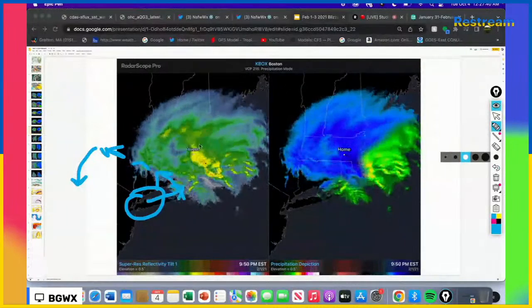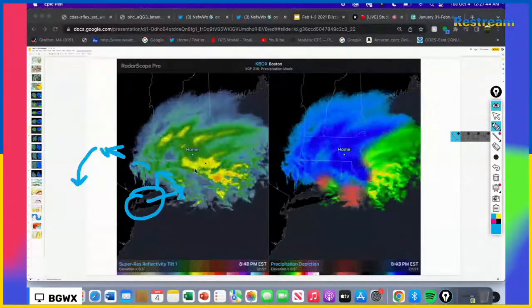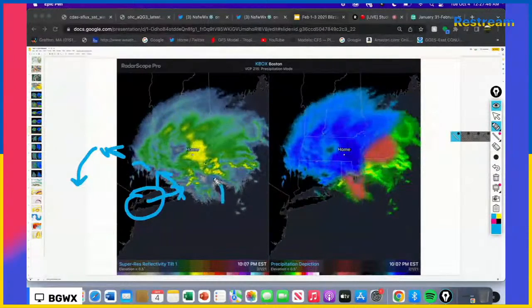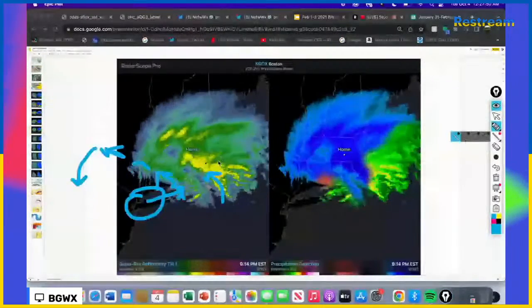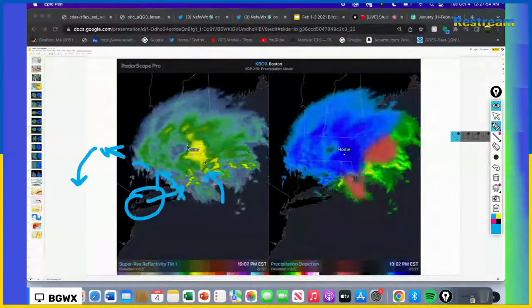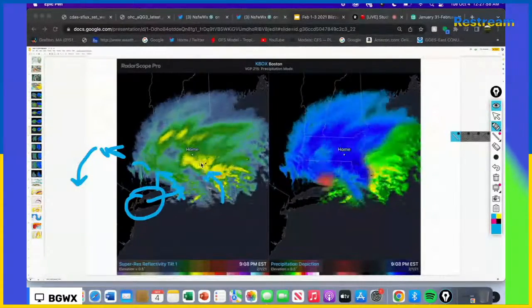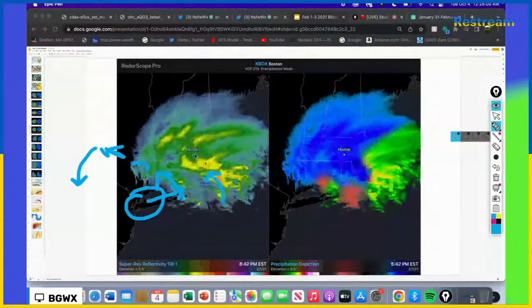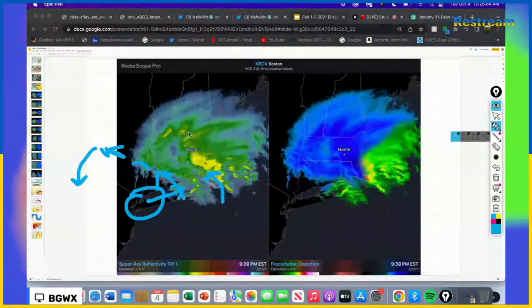But notice here, you can see close to where I live, we're back in the flow. This is getting pulled in, but we also got some pretty good coastal enhancement from the surface low, and still some pretty decent mid-level dynamics at this point, maybe not quite as good as earlier, but still really good.